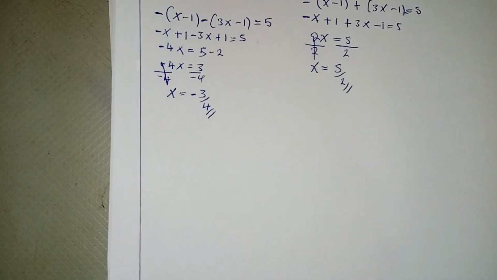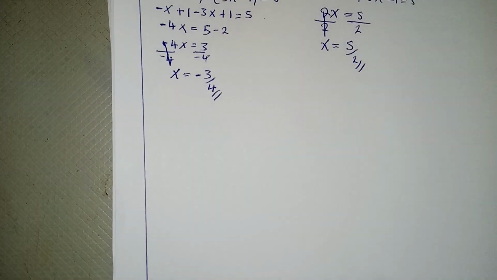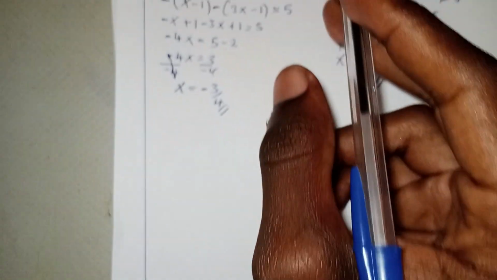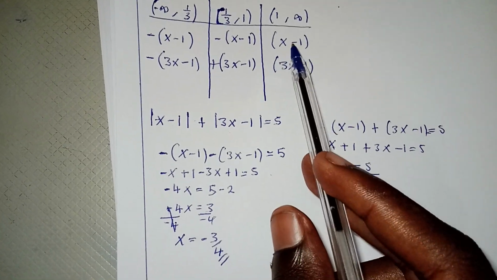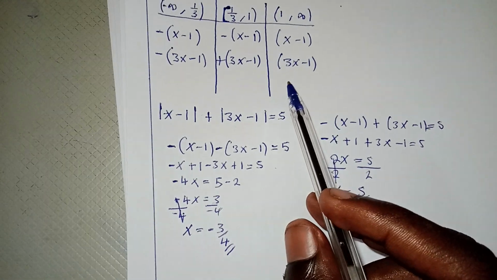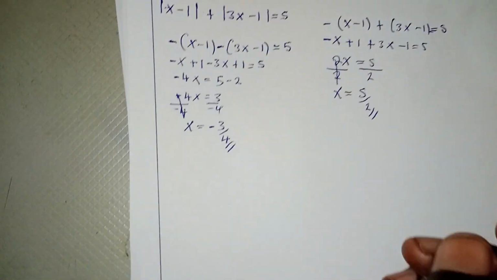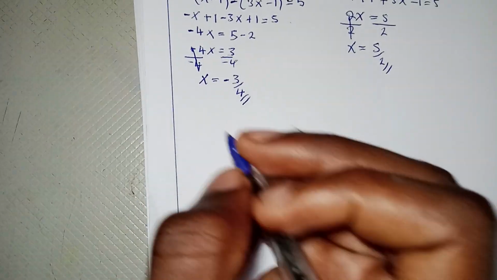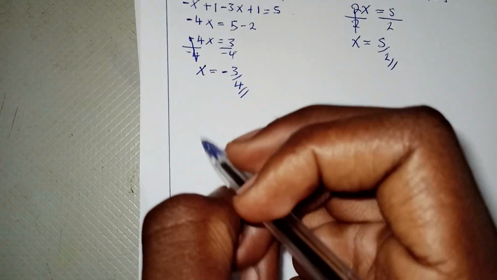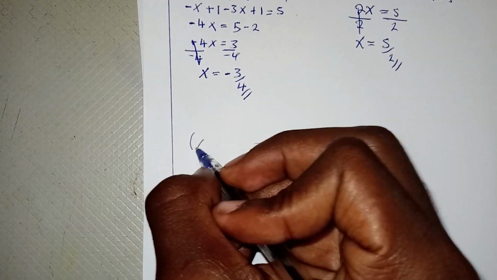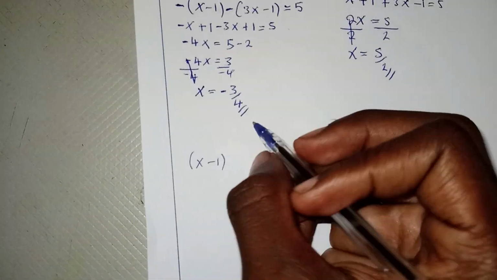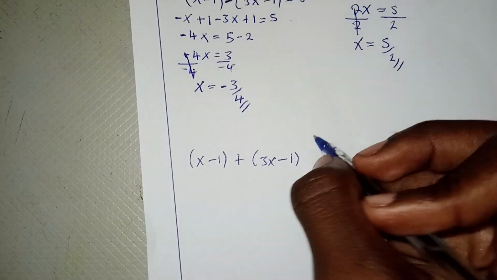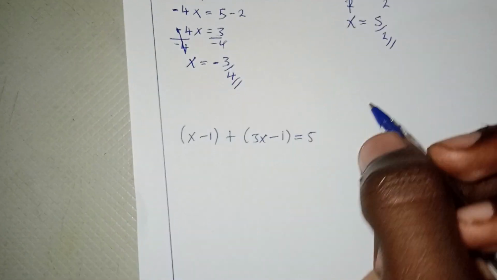All right, so let's test the other one. We see if it's going to give us some value. The other one was positive, it was positive x minus 1, then 3x minus 1. So for this one, it's going to be x minus 1 plus 3x minus 1, and then we have 5.